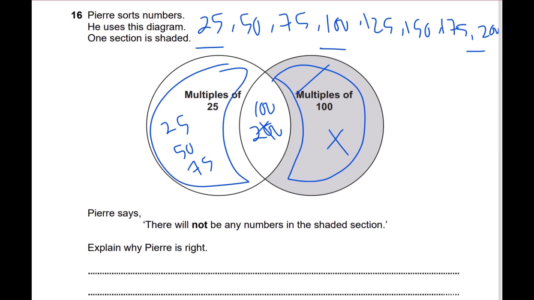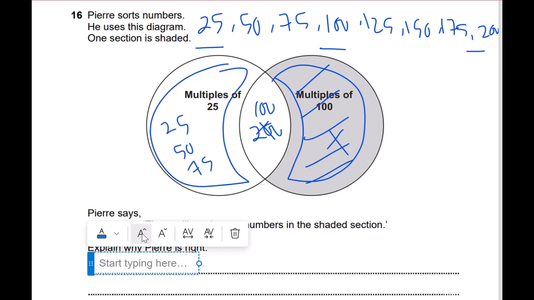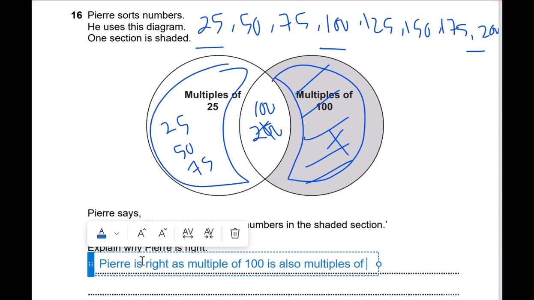So this place will be empty. Then we will write: every multiple of 100 is also a multiple of 25.